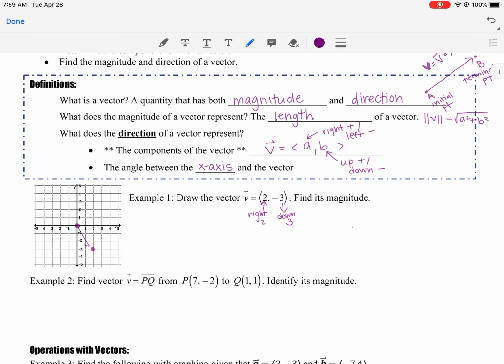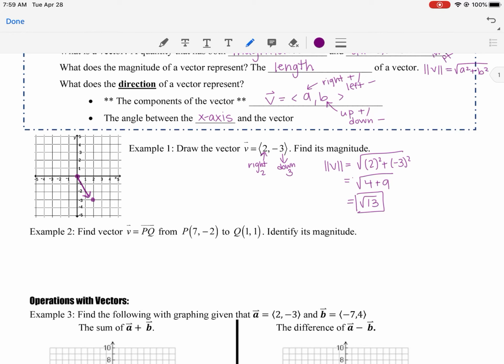But it's more than just connecting those points. Remember, it has a direction, so we show an arrow going kind of southeast. The magnitude of this vector is the square root of 2 squared plus negative 3 squared, which makes sense because you're finding the hypotenuse of that triangle. So we get the square root of 4 plus 9, which is the square root of 13.